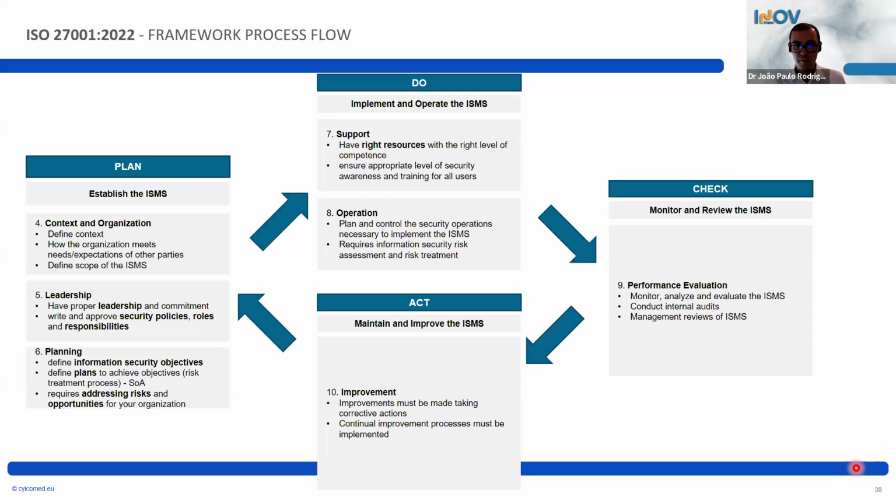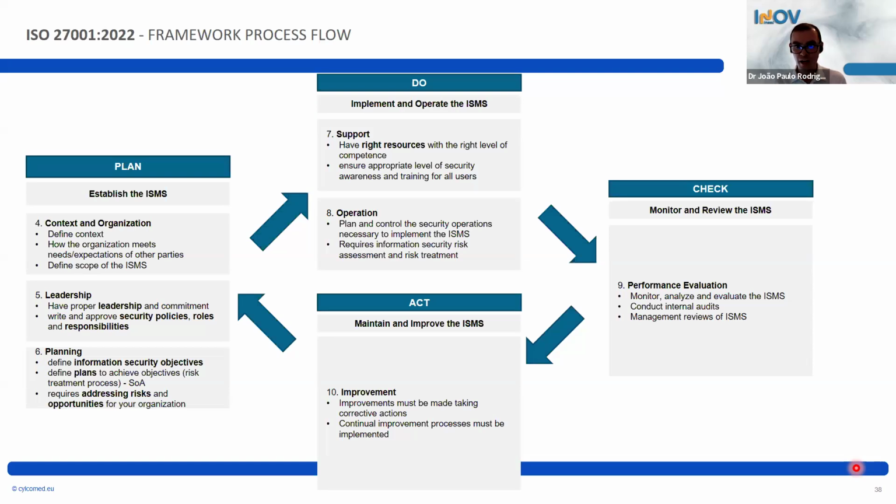So the industry that we are working in, the stakeholders that are involved, internal culture, the country, the economics, everything that might influence the functioning of the organization must be defined in the context. Then how the organization meets the expectations of the other parties, the stakeholders, the competitors.